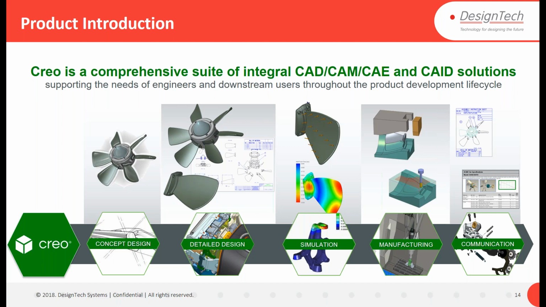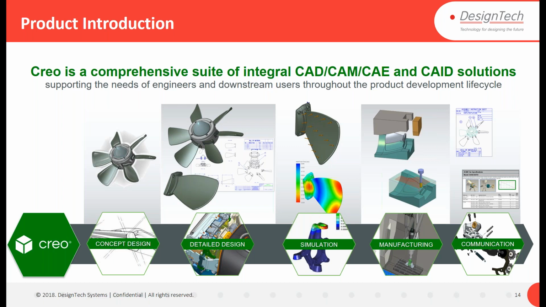When you talk about the life cycle of any product, it starts from concept to detailed design and validations and manufacturing. Later, we collaborate or communicate the final outcome, right?